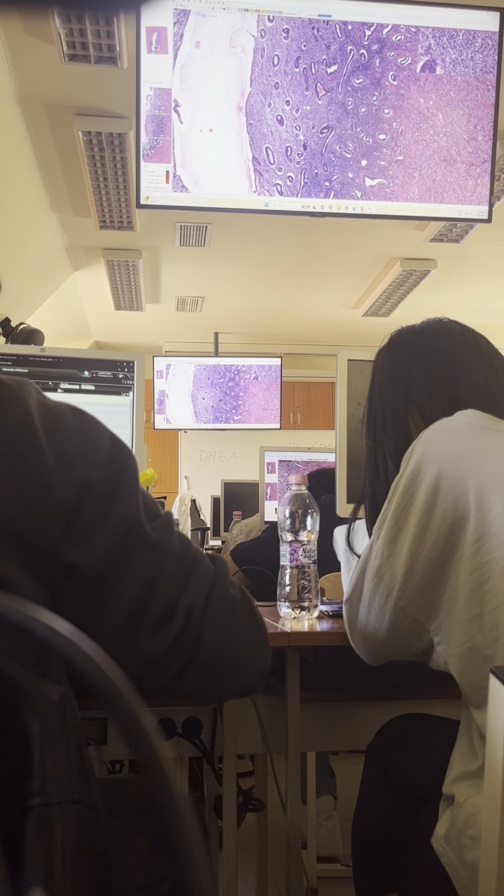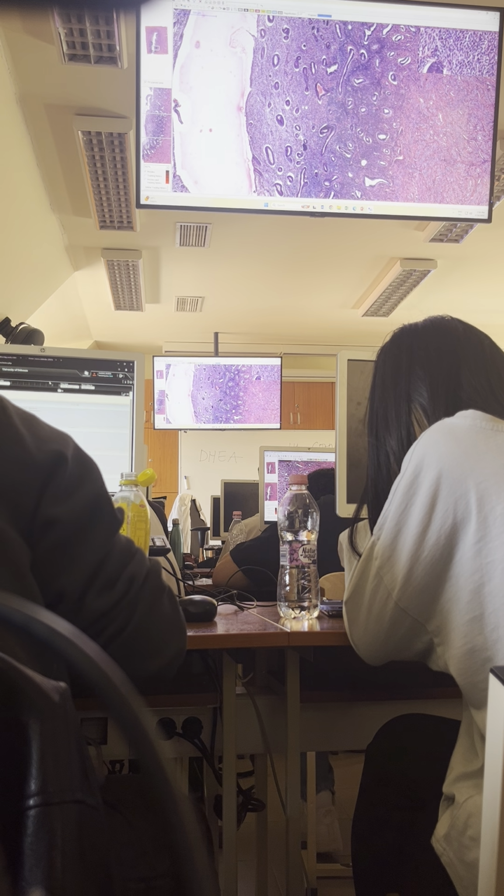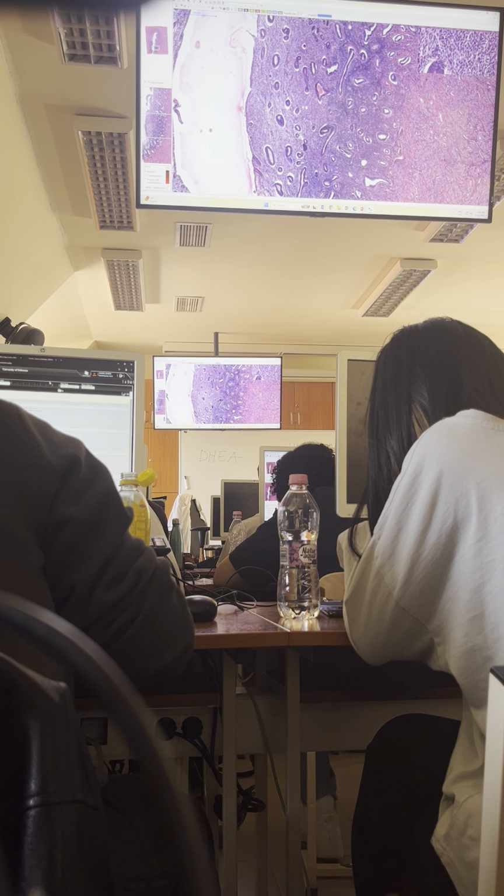And it is called functional layer because during menstruation, this upper part of the endometrium is lost. But the basal part remains even during menstruation.